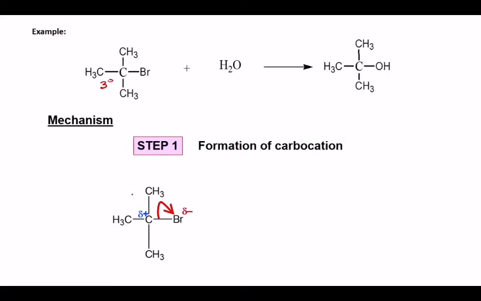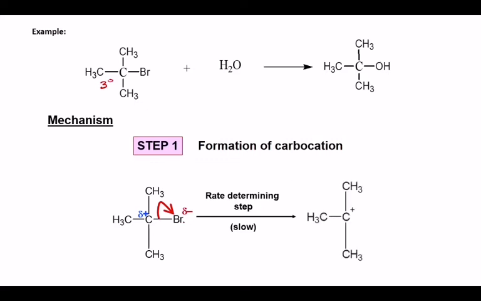It just involves the haloalkane only. So this is a slow step and it is rate determining step. So after the C-Br bond break, it will produce carbocation ion and bromide ion. So it has already separate between this carbocation ion and the halide ion.